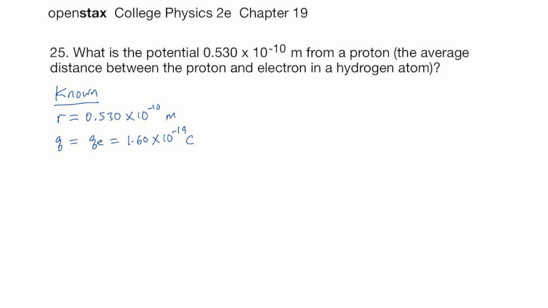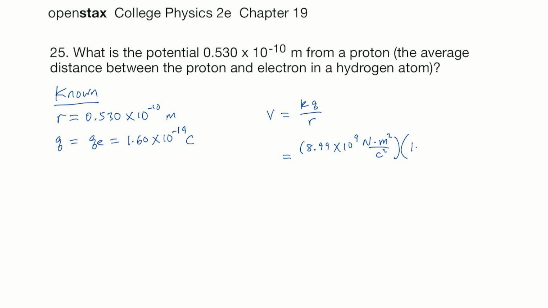Okay, the equation for the potential due to a point charge is V is equal to kQ over r, and we are some distance r from the point charge. Okay, we have all these values, so we can just plug them in. k is our 8.99 times 10 to the 9 newton meters squared per coulomb squared.